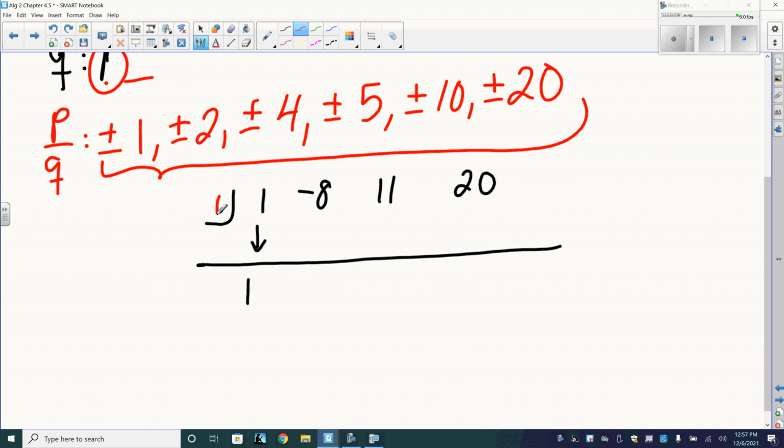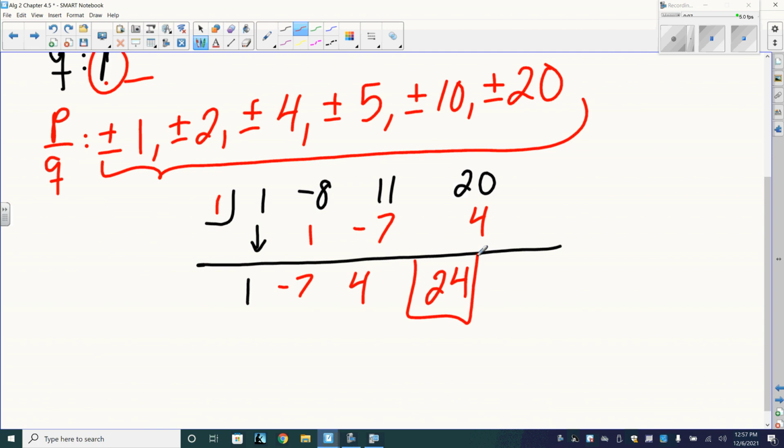Well, 1 times 1 is 1. Negative 8 plus 1 is negative 7. 1 times negative 7 is negative 7. 11 plus negative 7 is 4. 1 times 4 is 4, and 20 plus 4 is 24, and that is our remainder.